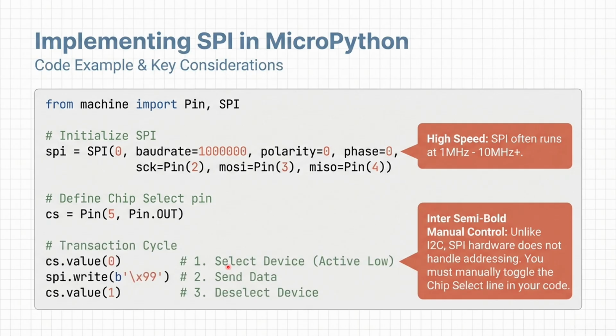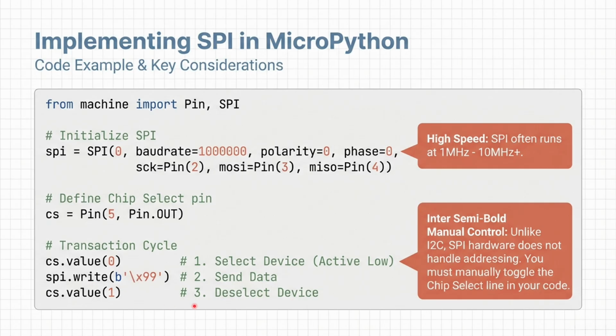Select device. So we use cs.value equals 0. Because the chip select is active low, pulling it to the floor tells the specific sensor, wake up, I'm talking to you. Then we have send or receive using SPI write. So we run SPI write to exchange our data.